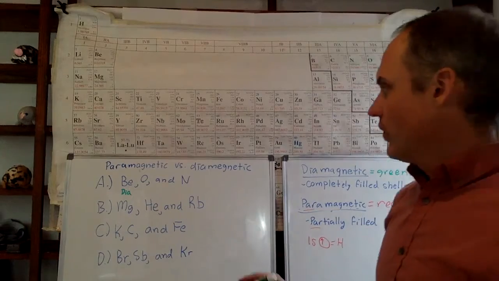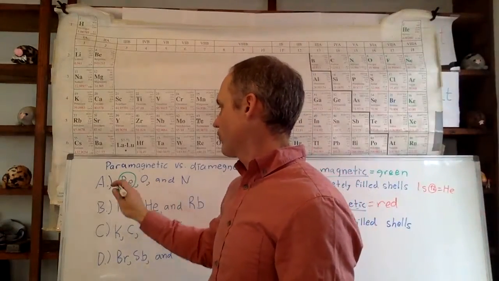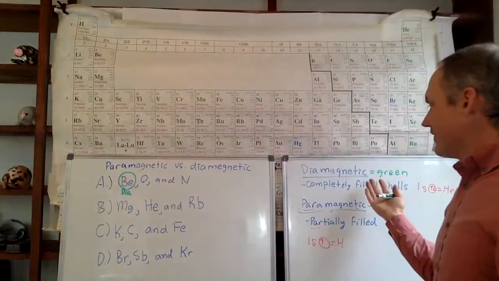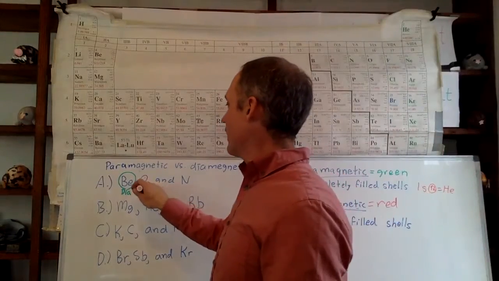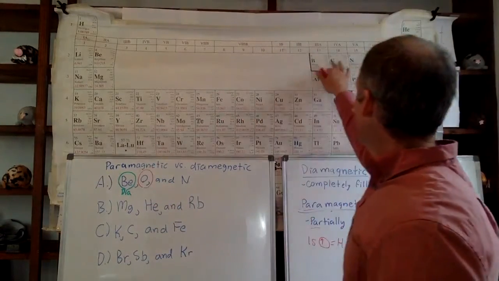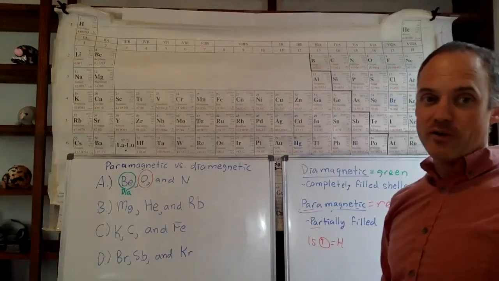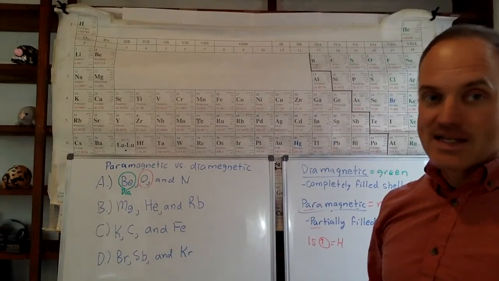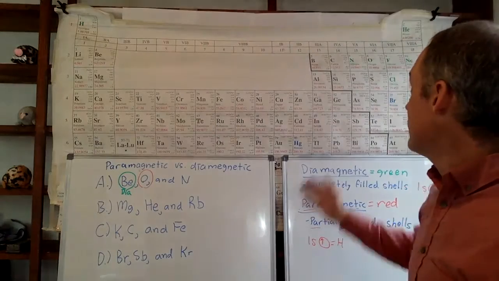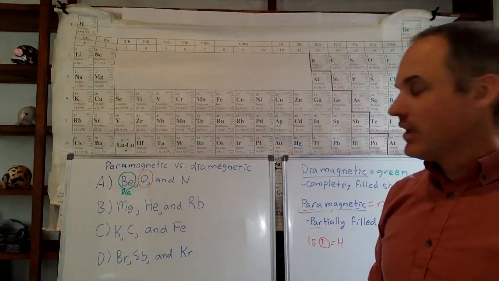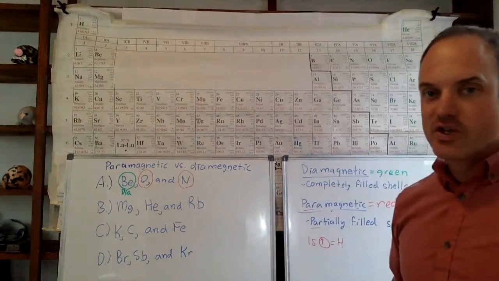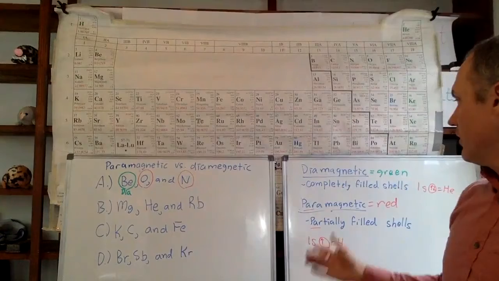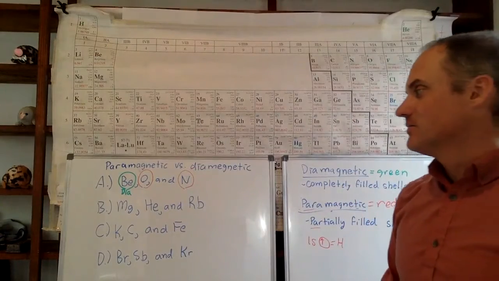So the beryllium was diamagnetic, an s2. But the oxygen is a p4 configuration, not p6, so it's a partially filled shell. Nitrogen is right next door. Nitrogen is a p5 configuration, so it is also going to be paramagnetic.